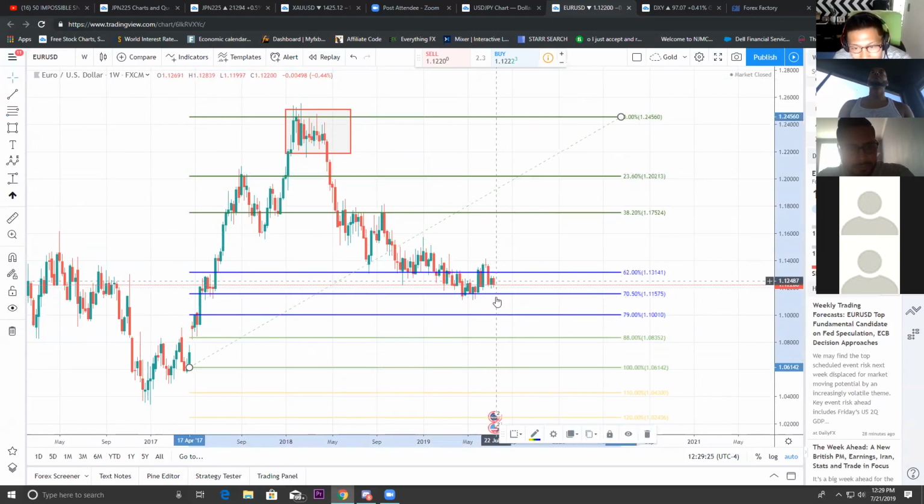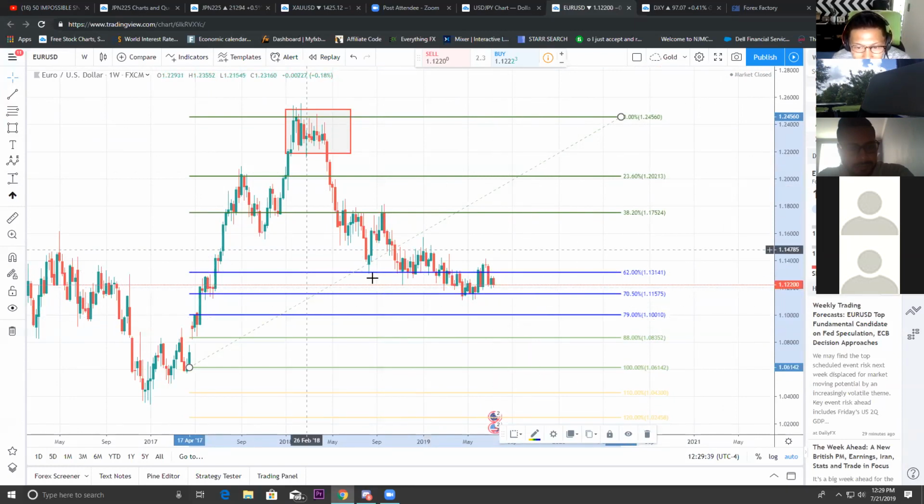We're consolidating at the 62 to my 79 level. I haven't seen it touch the 79 yet, so in the meantime I'm not too sure where it can go. It might just go straight up without ever touching the 79, because if it does touch the 79, to me it just shows that the trend isn't as strong.